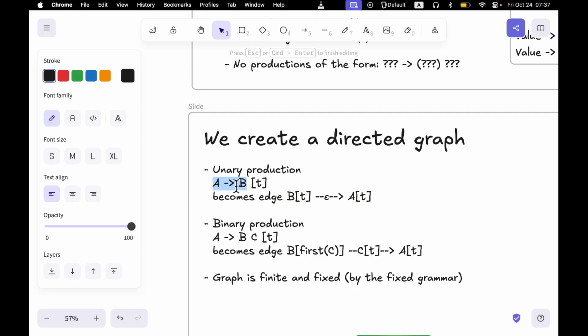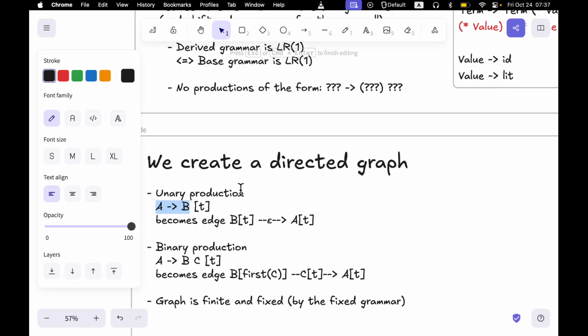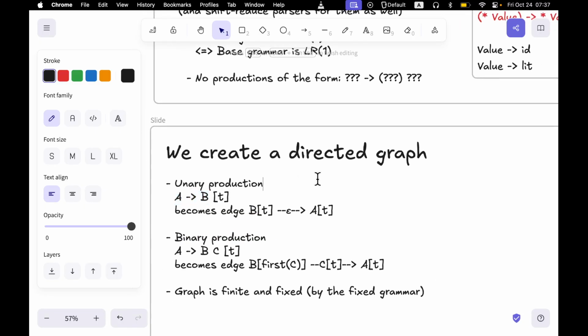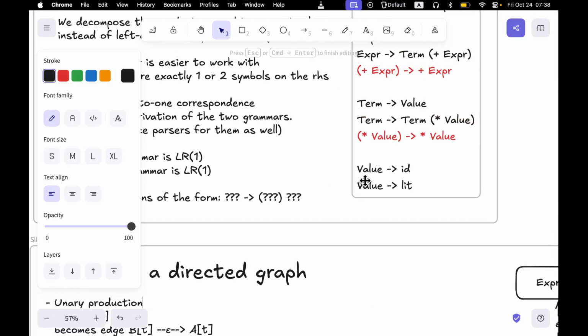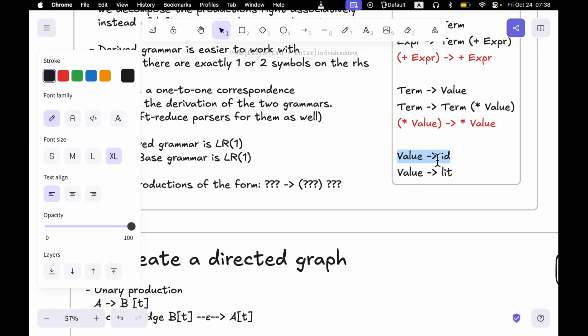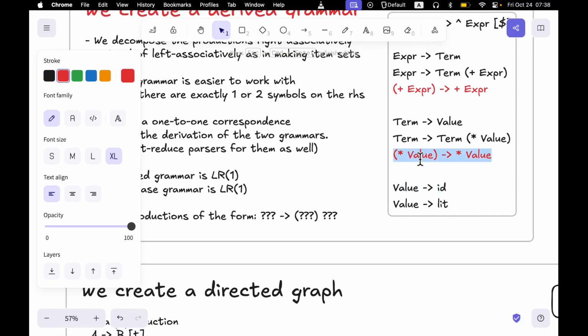I used capital letters for this, but this symbol can be either a terminal or a non-terminal. For example, this is a valid unary production, and this is a valid binary production.